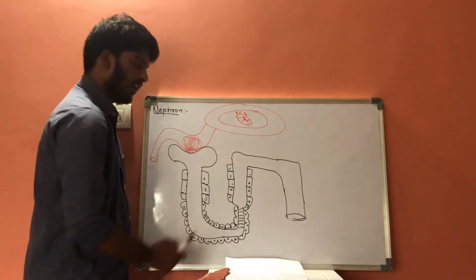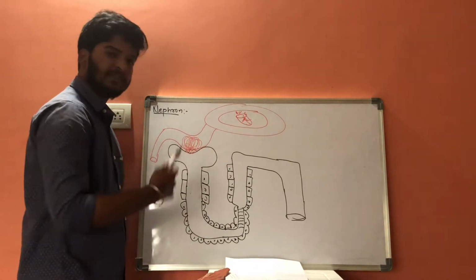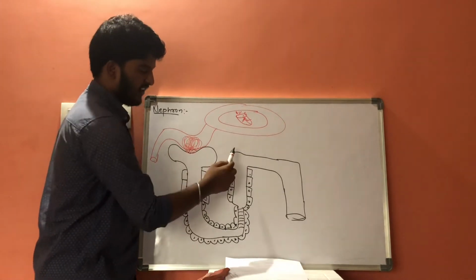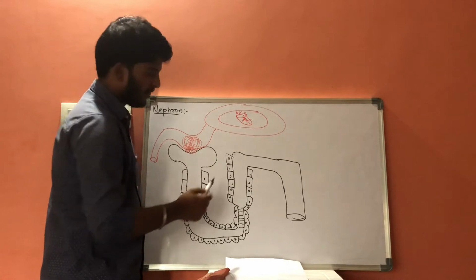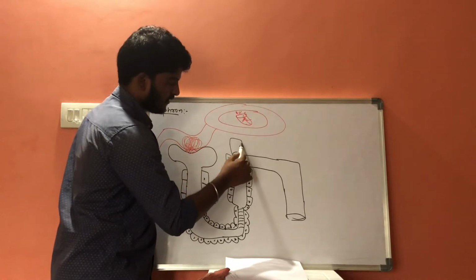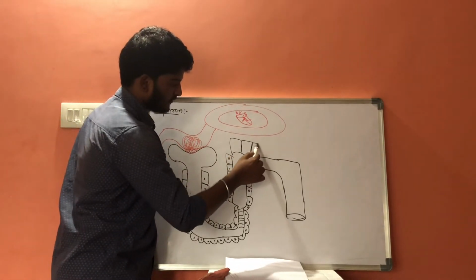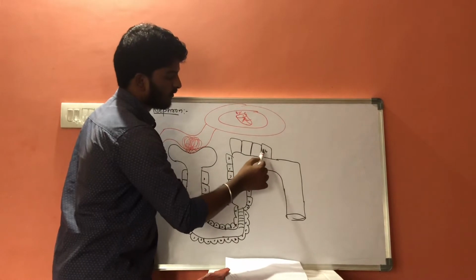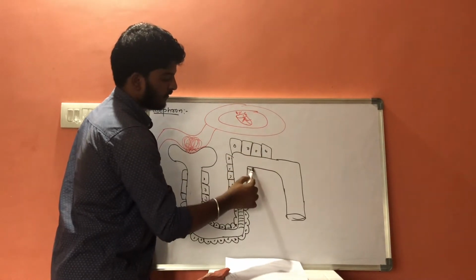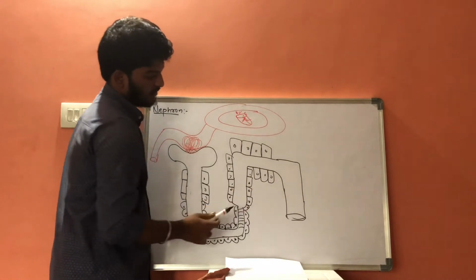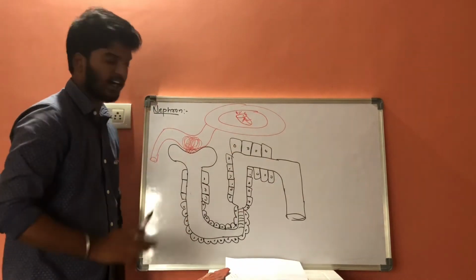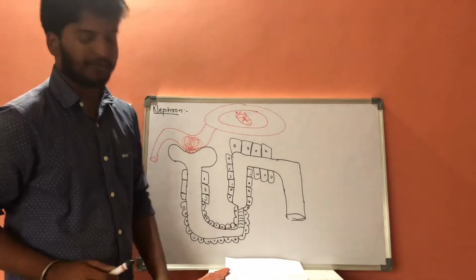Next to the loop of Henle is a special structure called the DCT, which is also made up of special kinds of cells. All are made up of epithelial type of cells.